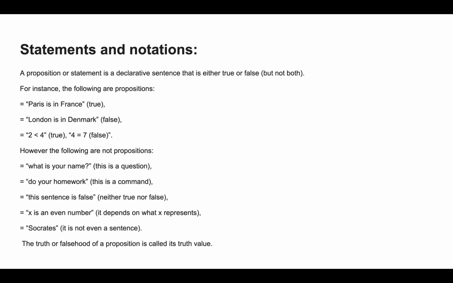We'll see statements are what? Statements are declarative sentences, which means they have a truth value, either true or false. We have already seen with examples what are statements and what are not.